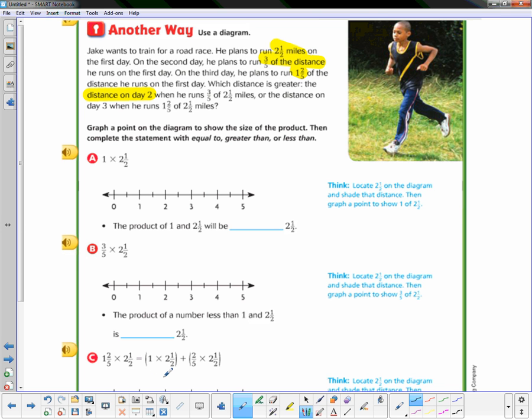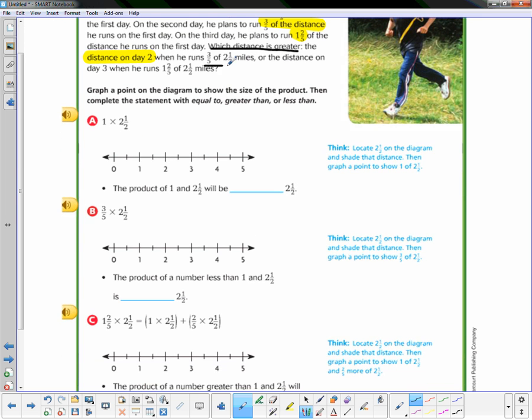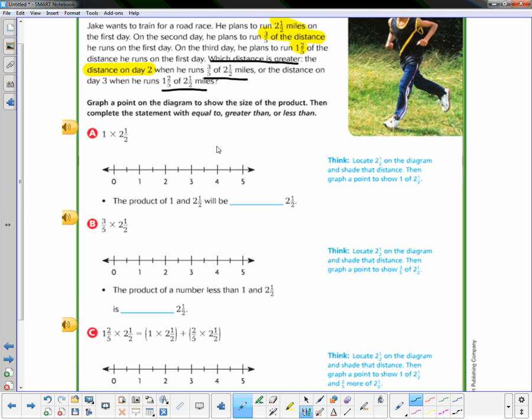So we're multiplying two mixed numbers together. And we're just going to find what is greater, the distance on day 2 or the distance on day 3? And it even kind of gives us the numerical expression right there. Again, it can be tough, but we want to make sure we really understand it.